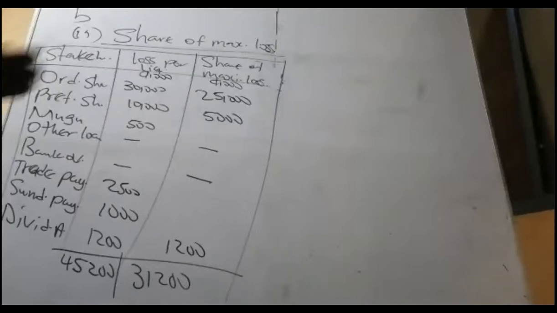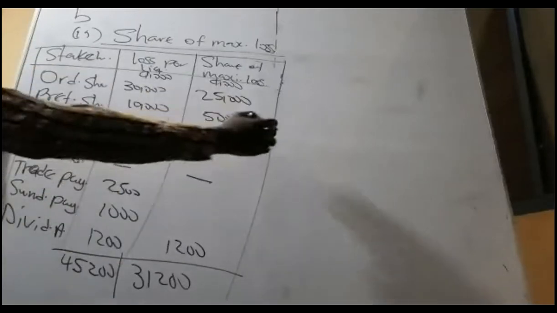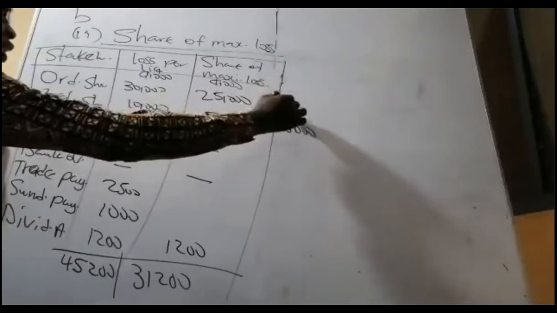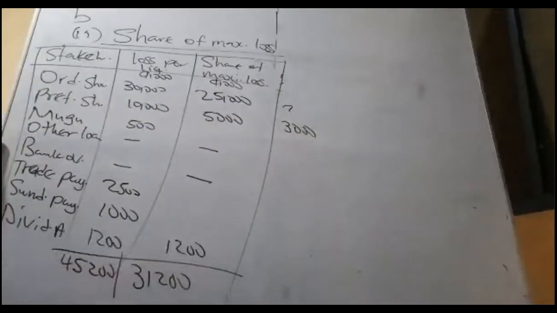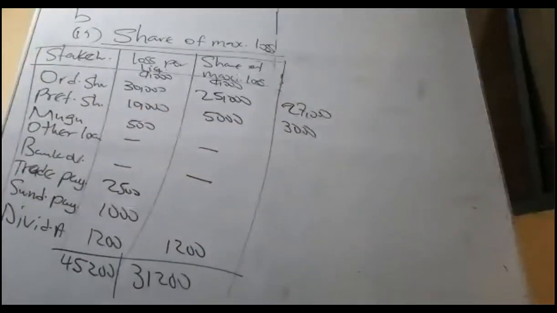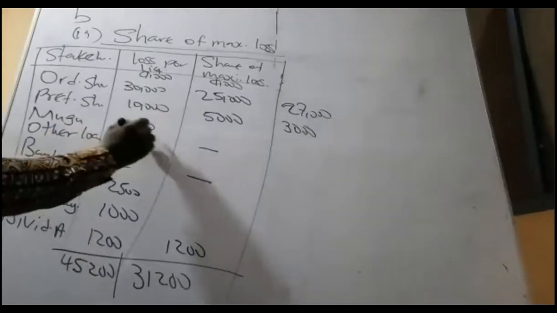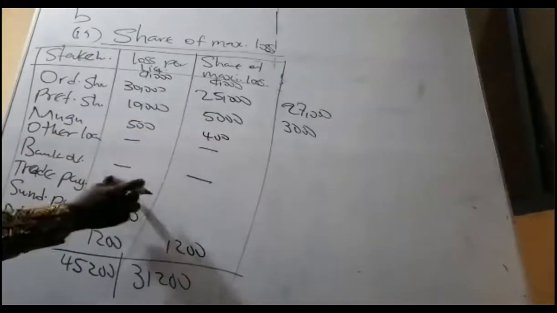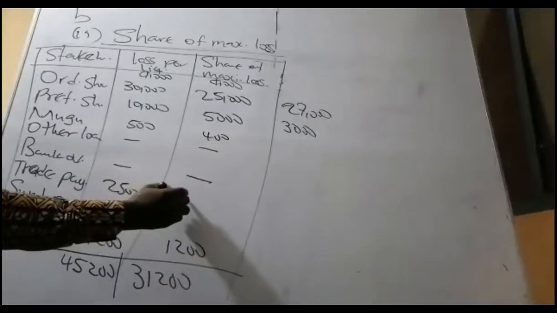Discretionary. You can also say that this guy loses 3,000, and the remaining one, the thing is 30,000, so that will be 27. Yes, you should lose 27. Discretionary. And then someone says this guy loses 400, you lose 600.